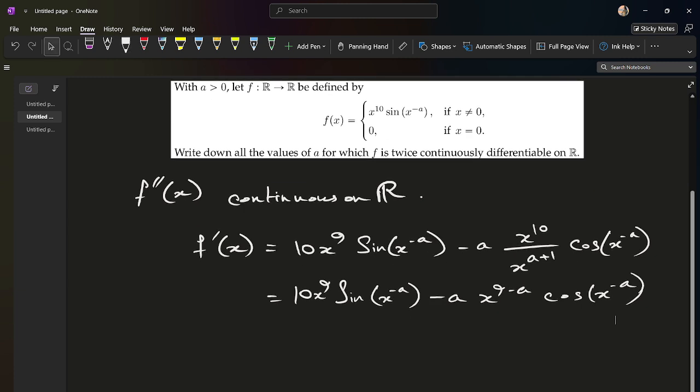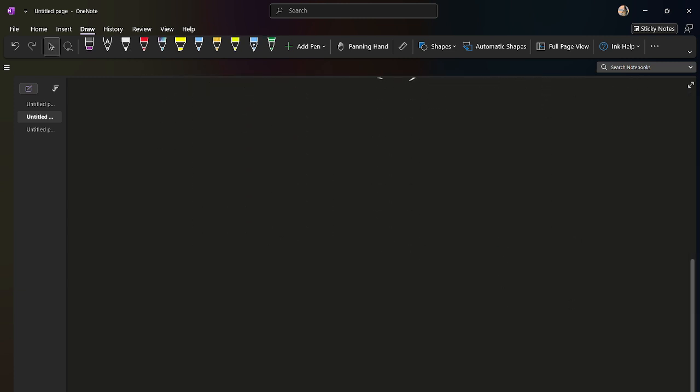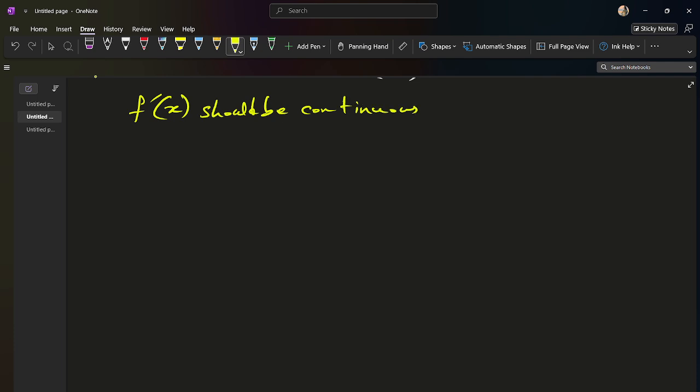Now since our f dash x should be continuous at 0, as we are getting f double dash x, we have to get our f dash x continuous at 0, otherwise that thing will not happen.